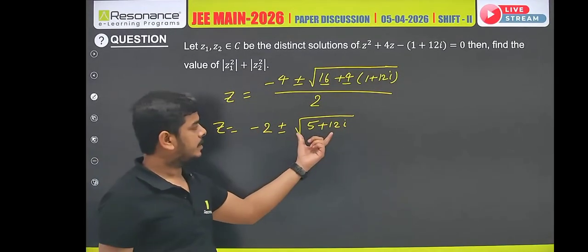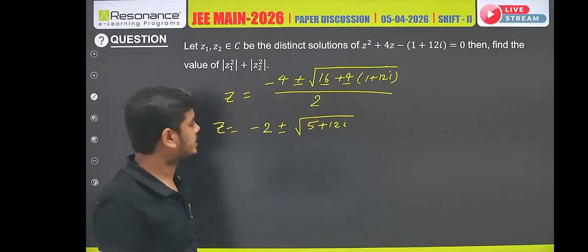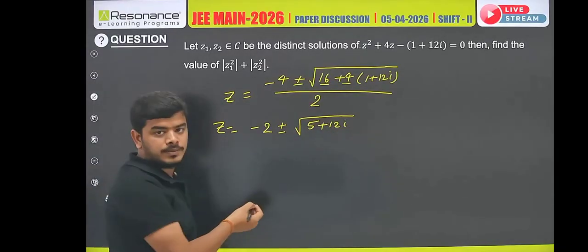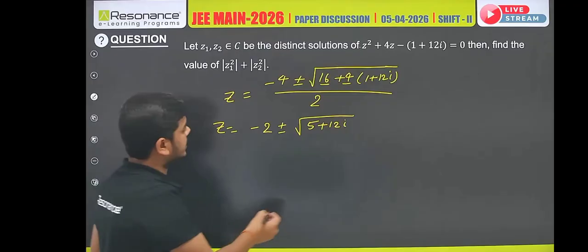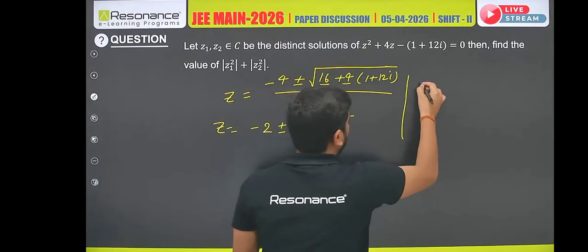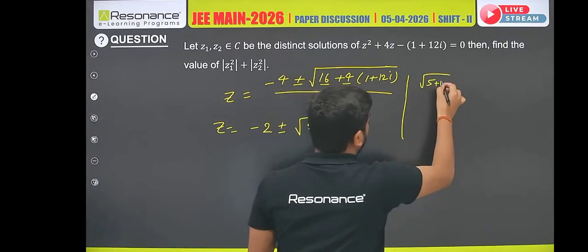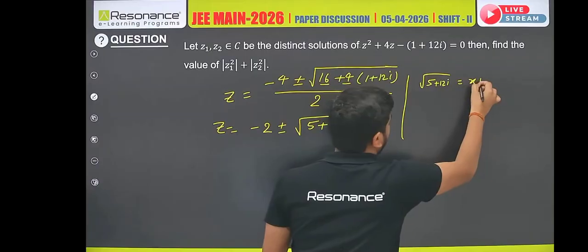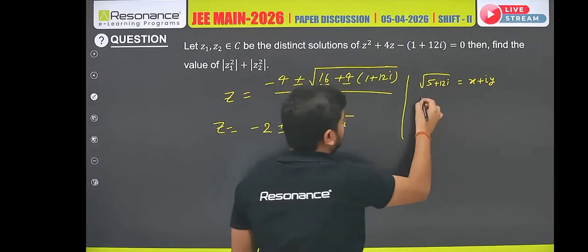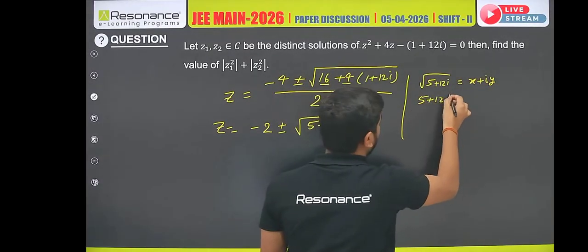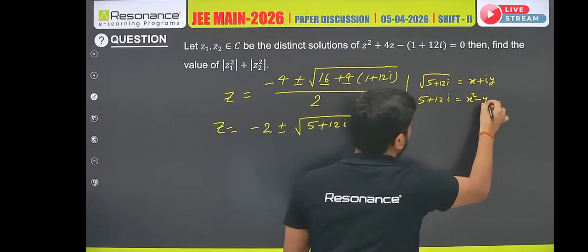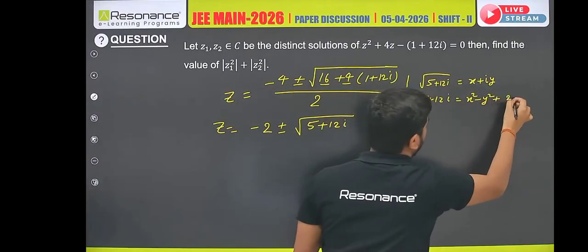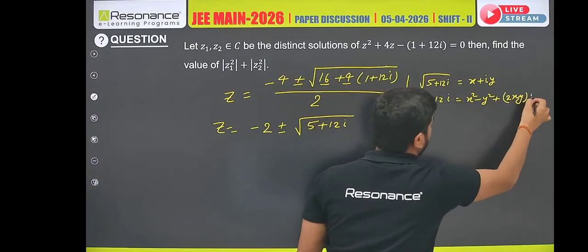Now you need to find the square root of a complex number. So how to find the square root of a complex number? Suppose under root 5 plus 12 iota is equal to x plus iota y. Then square both sides, you will get 5 plus 12 iota is equal to x square minus y square plus 2xy times iota.